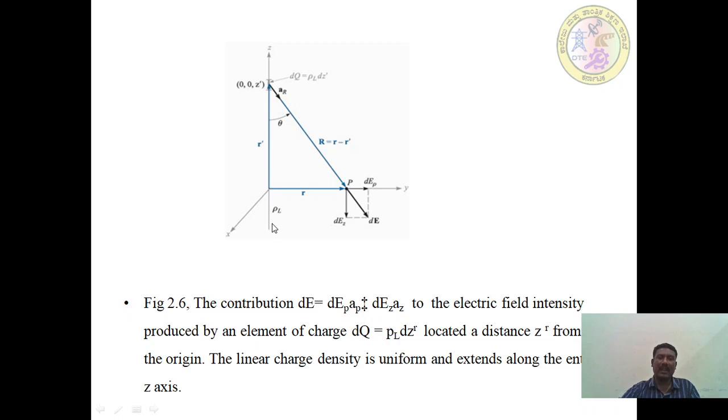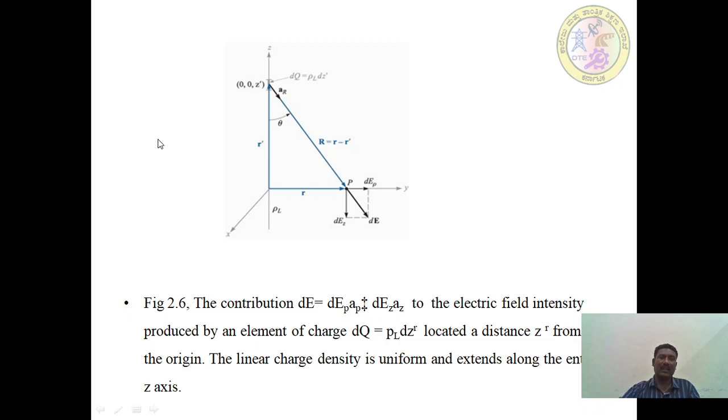Okay, in a line charge only one parameter is existing. See here, this is the x direction, this is the y direction, and this is the z direction. If you understand this figure and write it in the proper way, understanding these parameters and writing the line charge here, it is a very important concept to analyze and obtain the value of the field of a line charge.